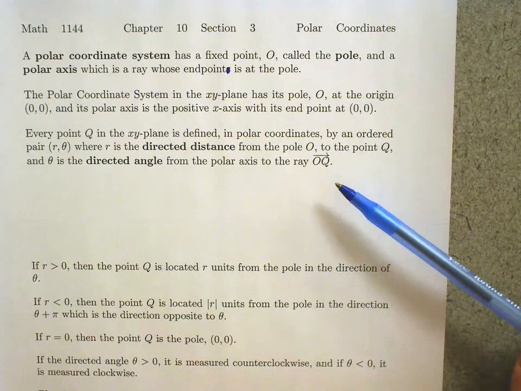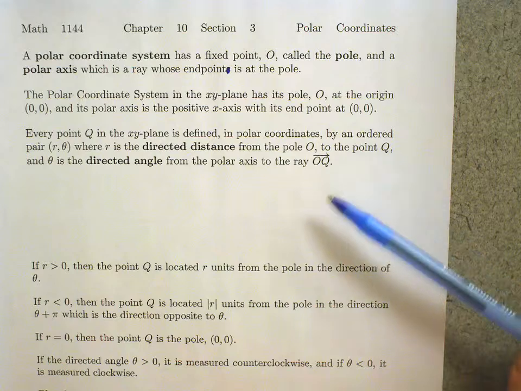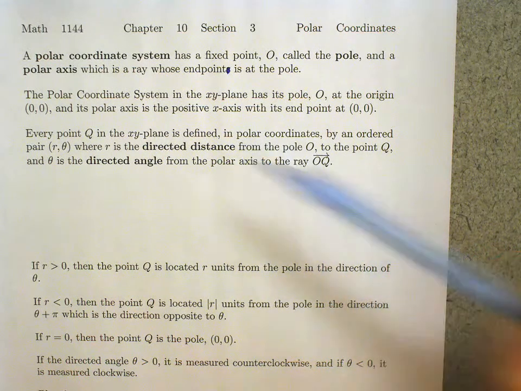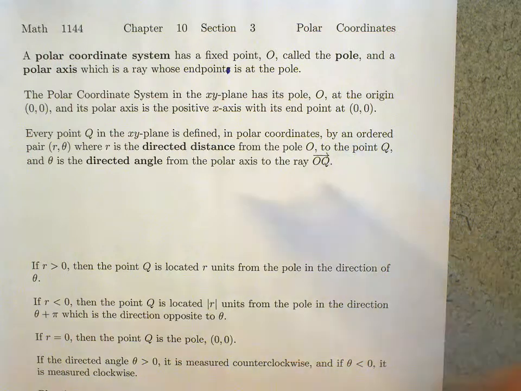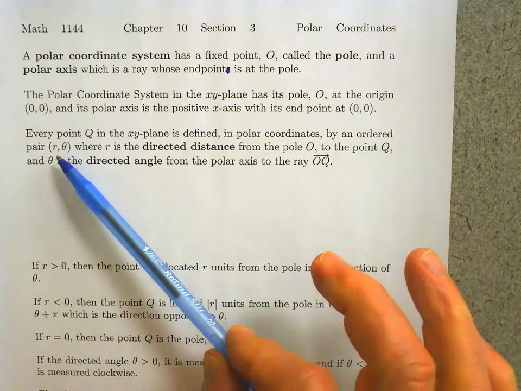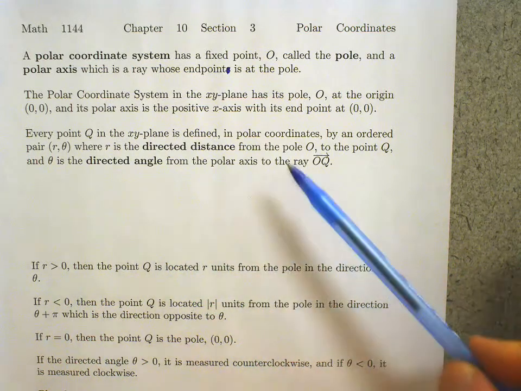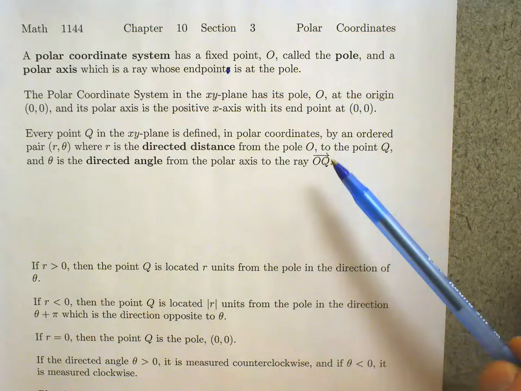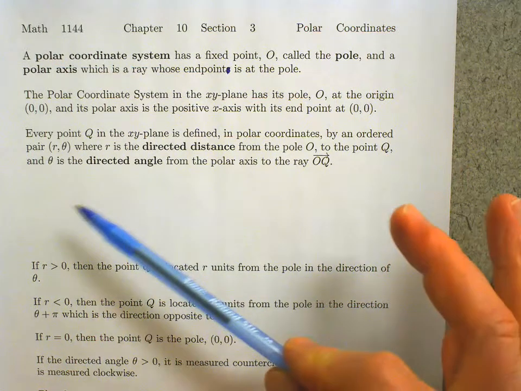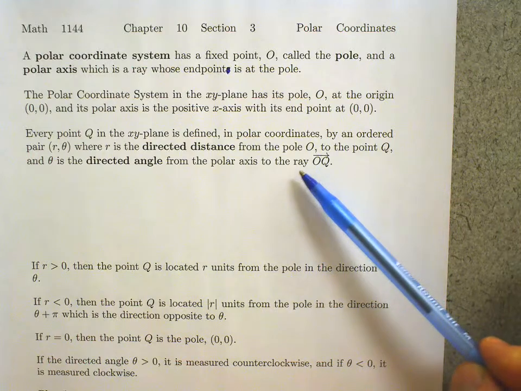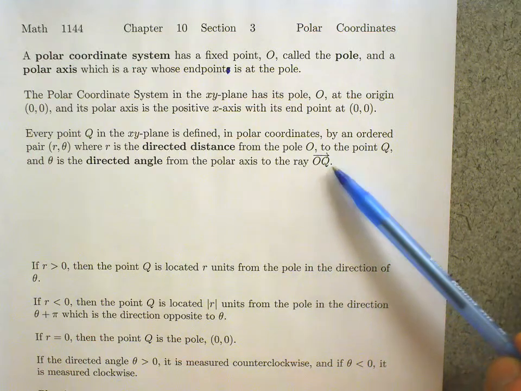Every point Q in the xy plane is defined in polar coordinates by an ordered pair r, theta, where r is the directed distance from the pole to the point, and theta is the directed angle from the polar axis to the ray OQ.